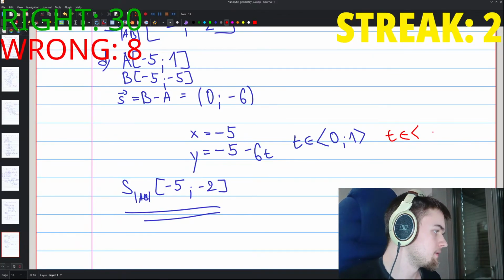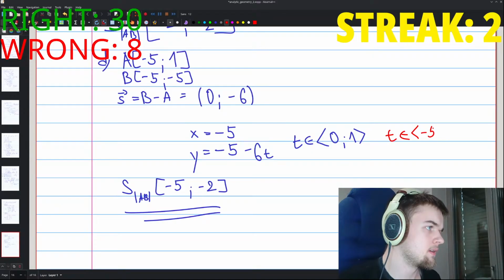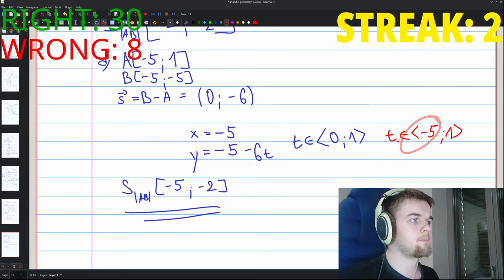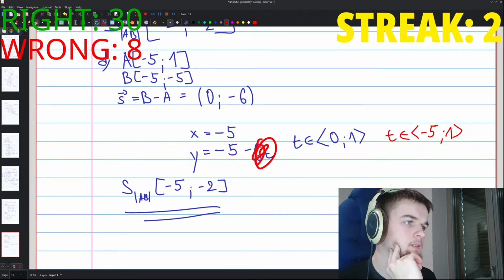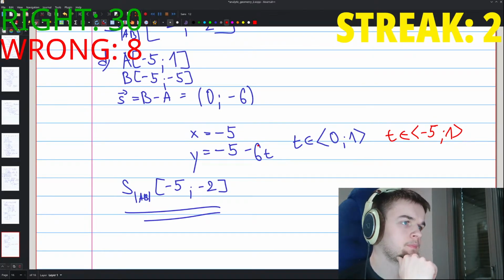And I think that deserves a little investigation because I don't understand that at all. Why is it like this? How does it help me that it's -5 here? Why is it -5?